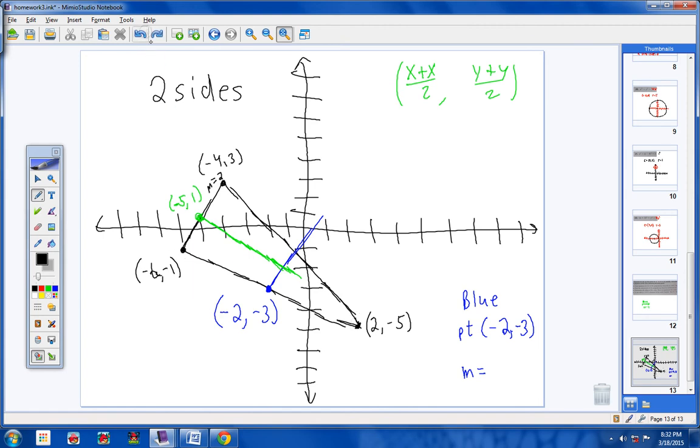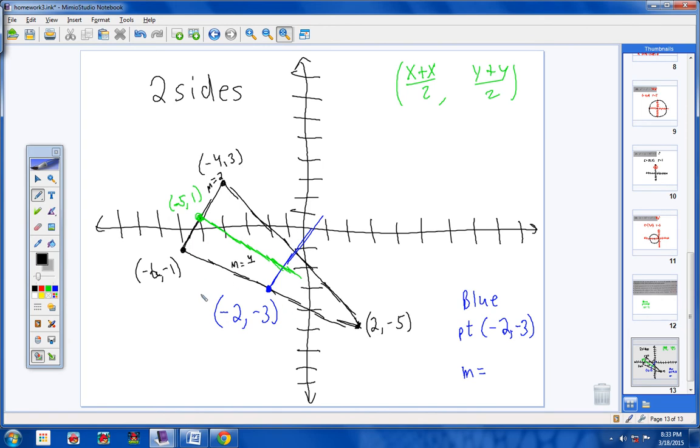So here we go. Y minus y, negative 1 minus 5. Watch your signs. Negative 1 minus a negative 5. That's a negative 1 plus 5. That's 4. So my numerator is 4. Okay? So far my m equals 4 over.